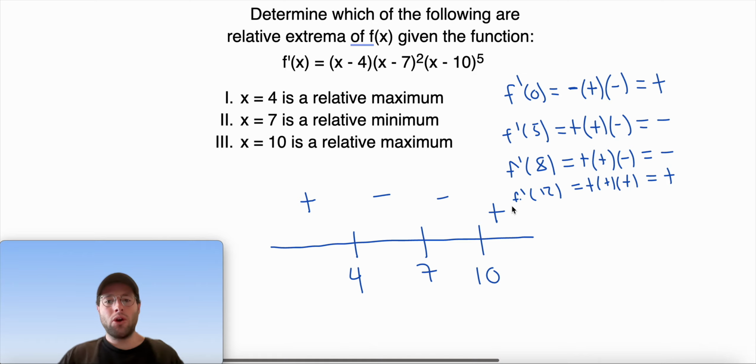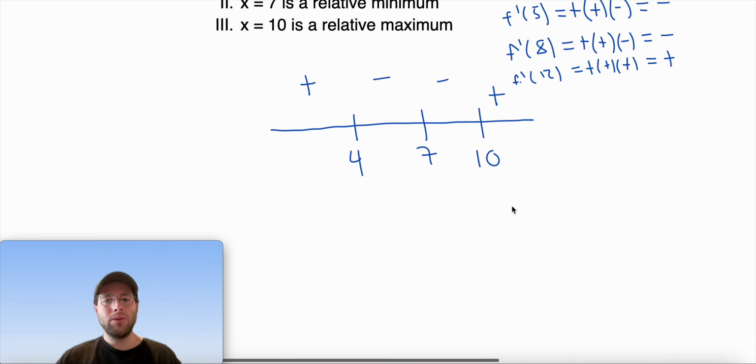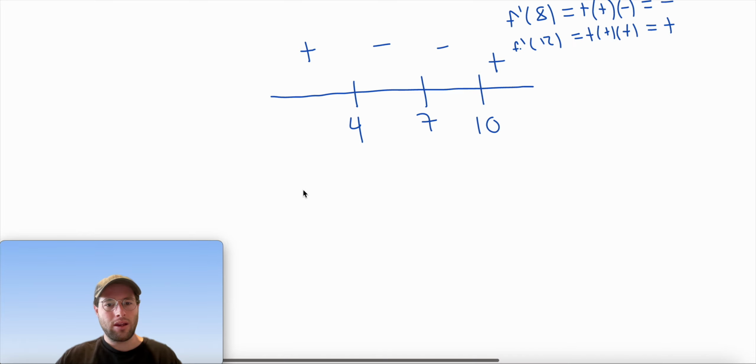Okay, so now we have our sign chart. And from this, I'm going to draw a rough sketch of our function f of x by using this sign chart. So let's draw some axes here, x and y.